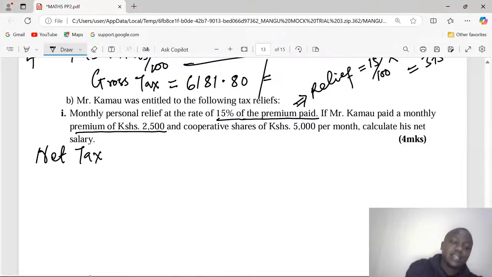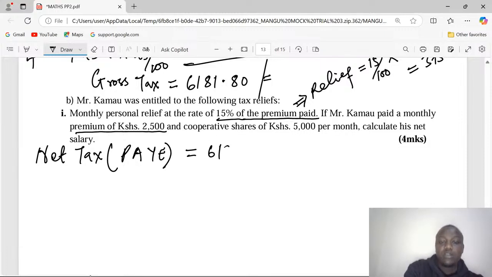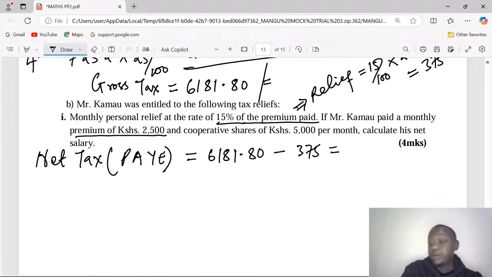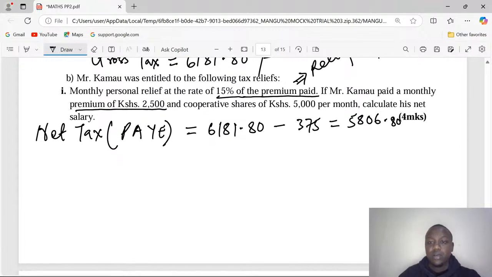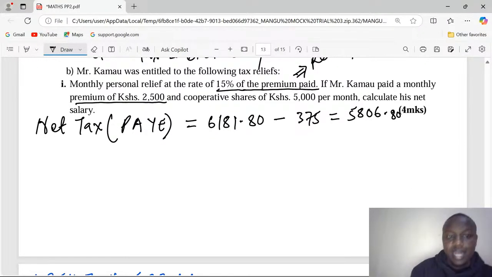The net tax, the payee that Kamau pays, the gross tax that we were having, now we less the relief that is given due to premiums. This is going to be 5806.80. Then we can now continue.